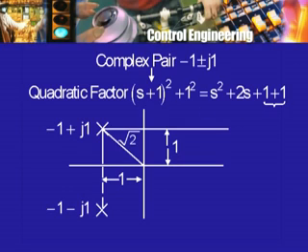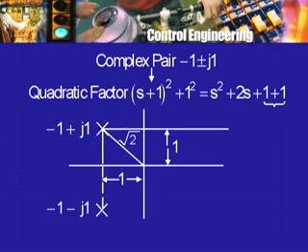Now, what is the significance of this 1 and 1 here? You can see in the general case that if I have a pair of poles here, then this corresponds to the real part of the root, this corresponds to the imaginary part of the root, and what we have here is the sum of the squares of the real part and the imaginary part. And what is that then? That is the square of the distance from the origin to the particular pole or the zero.